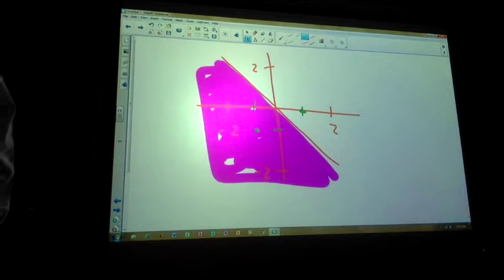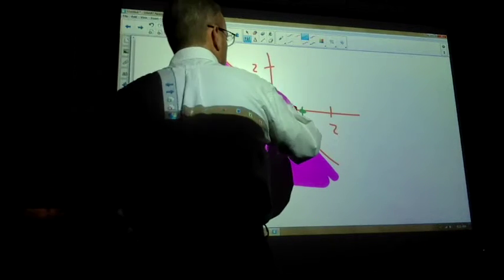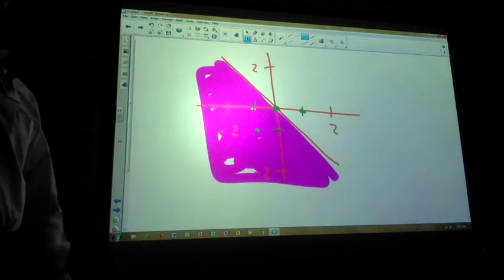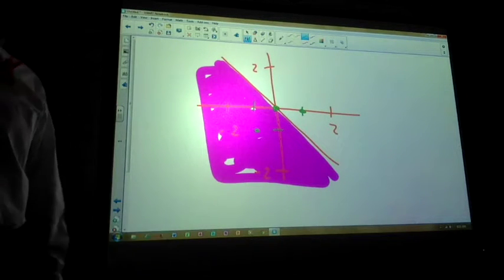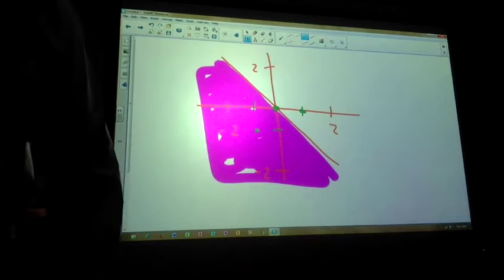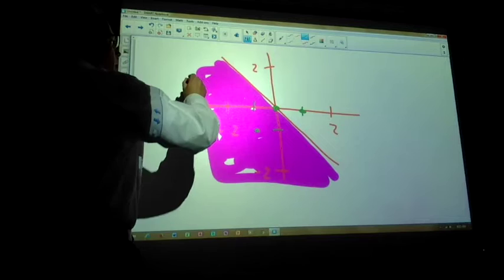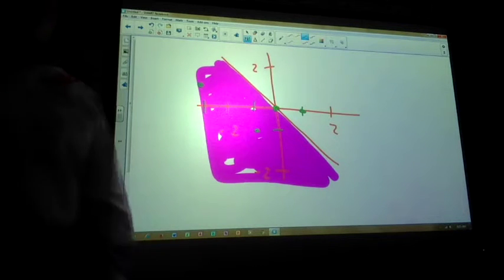Okay. And then 0, 0. Well, being it's a solid line, it's going to work on either of them, right? If it was a dotted line, it wouldn't have worked. -3, 1. So it works on mine.